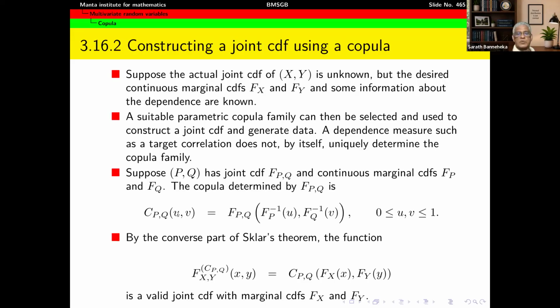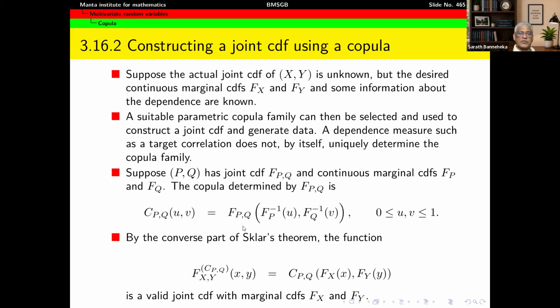If we substitute for U the capital F_P evaluated at P, and for V the F_Q evaluated at Q, then what you get here is actually the real joint CDF of P and Q. That's what you will get.